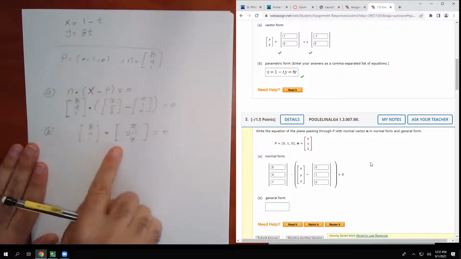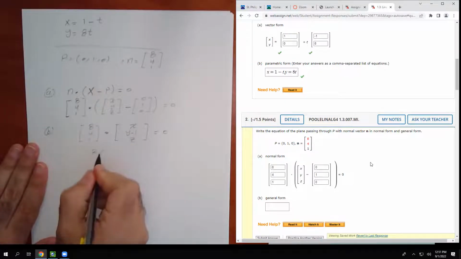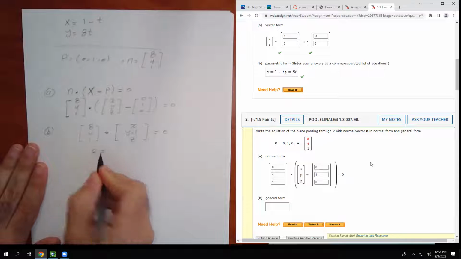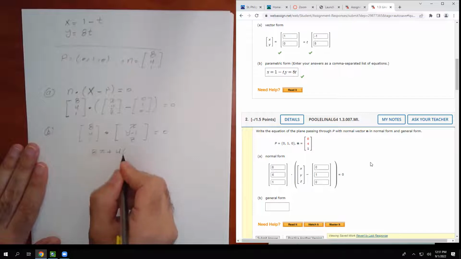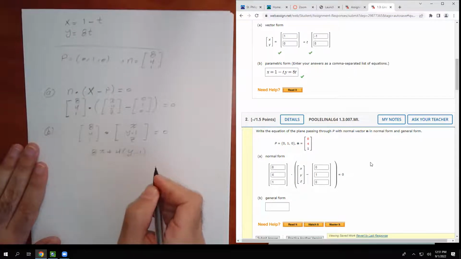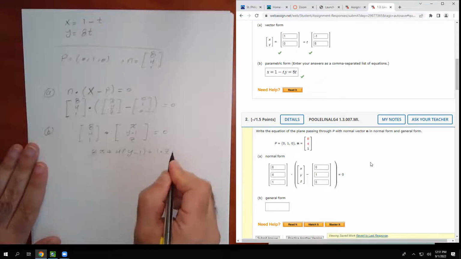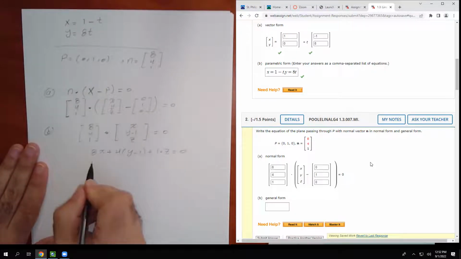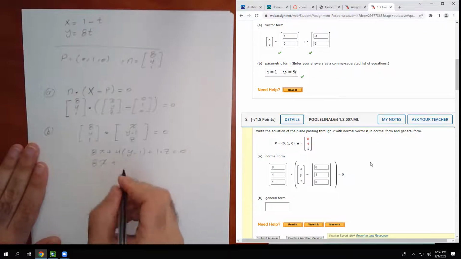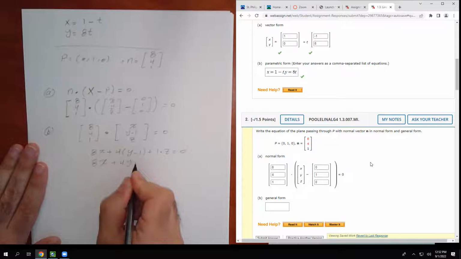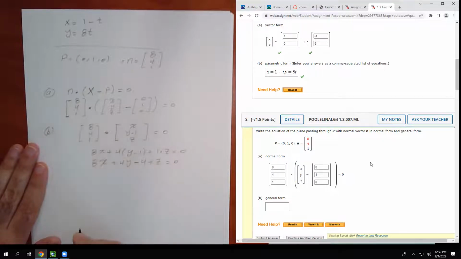Then I'm going to do the dot product. 8 times x is 8x, plus 4 times y minus 1, and 1 times z. It's just the dot product. So it's going to be 8x plus, distributing here, 4y minus 4, plus z equal 0.